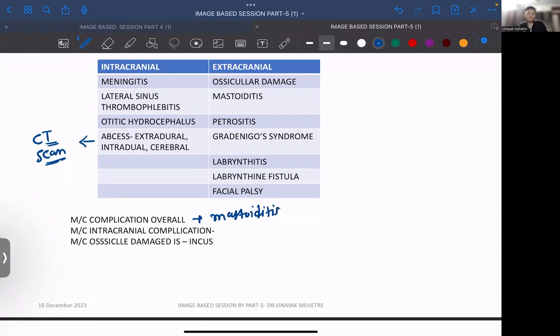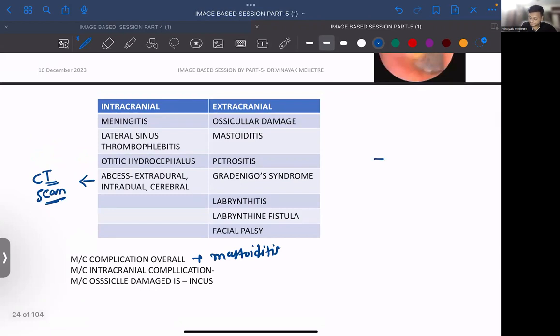Most common intracranial complication will be, why is the patient going to have the brain involved? If you remember, the middle ear is connected with the brain from the upper wall, here is the brain. The upper wall is connected with the brain, so the patient will have symptoms of brain involvement easily. There is only one wall between the two. Intracranial complication will be meningitis.